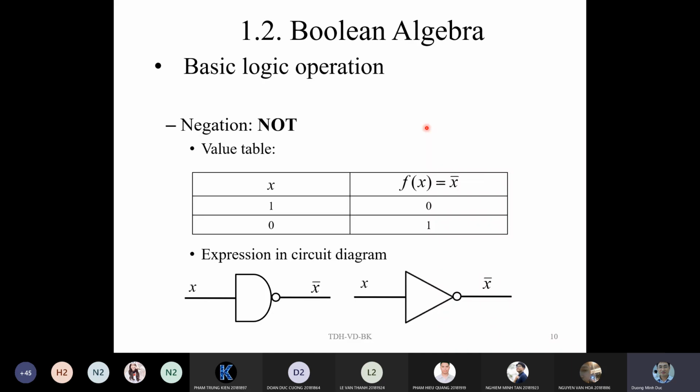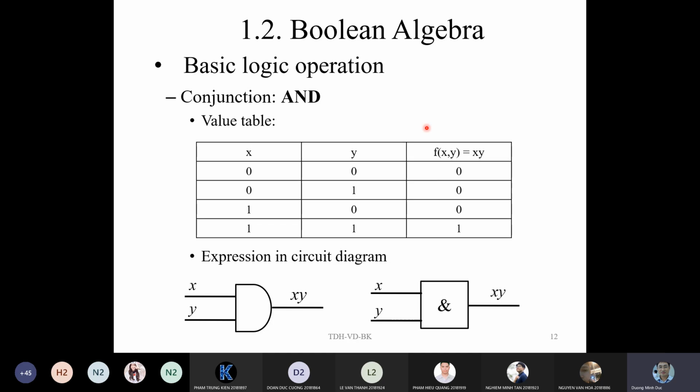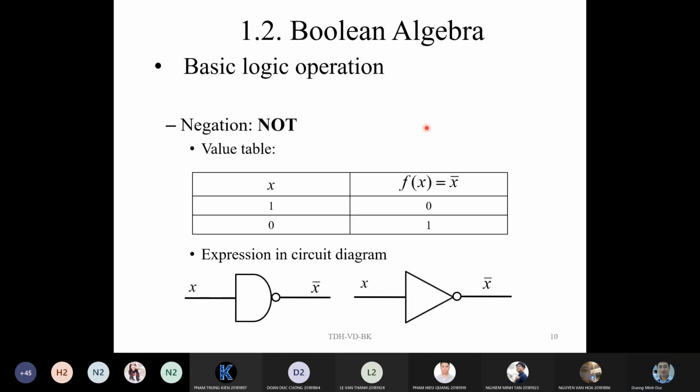First is negation, second is disjunction, and third is conjunction. All other logic operations are established from these three basic logic operations.